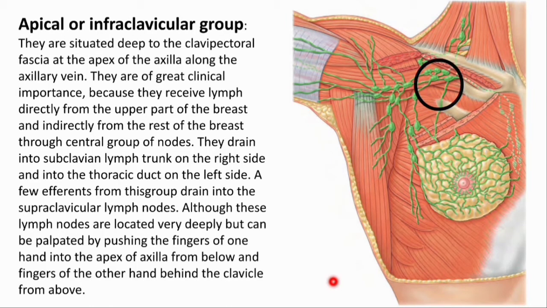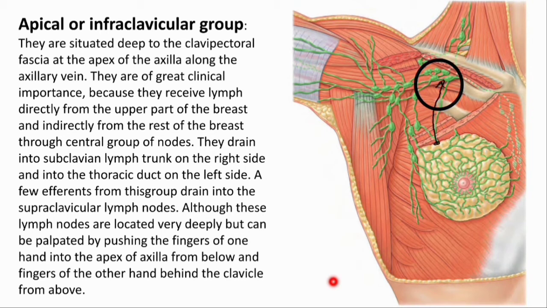And next, the apical group or the infraclavicular group. These are located below the clavicle and deep to the clavipectoral fascia. These receive lymphatics from the breast indirectly via the central group. So all the lymphatics from the breast drain into the anterior group and the posterior group, then further drain into the central group, which drains into the apical group of lymph nodes. This also receives lymphatics from the upper border of breast.